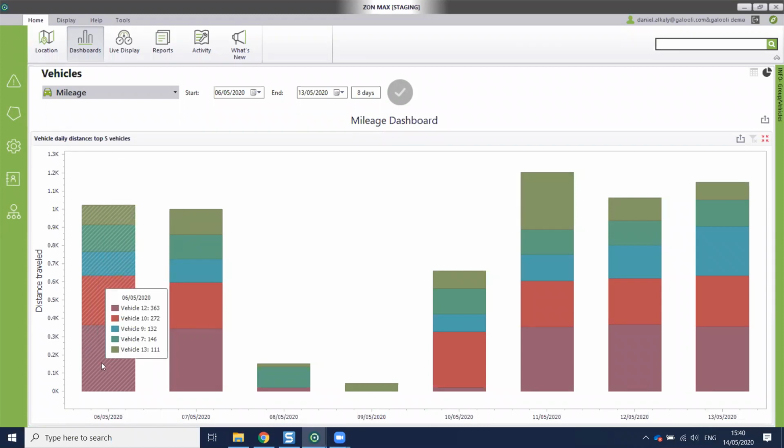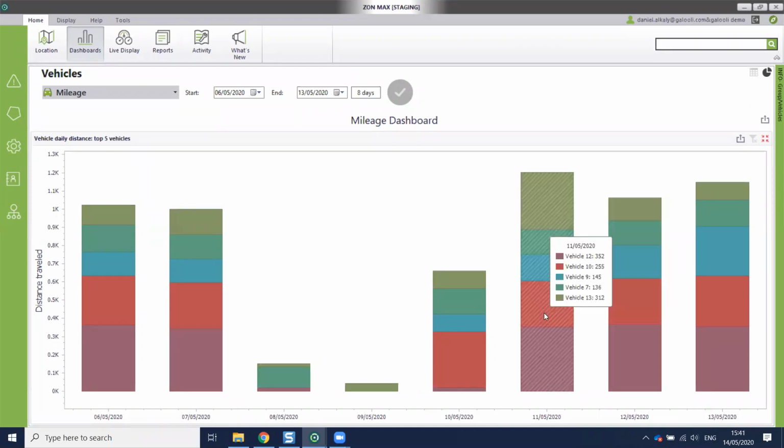For instance, on May 6th, we see that vehicle 12, which is signified in purple, did 363 kilometers versus vehicle 13, which is the dark green, which did only 111. You can see right away this was during the weekend, so there was less traveling, and we have days that there were more traveling.